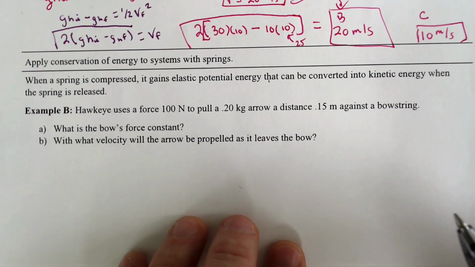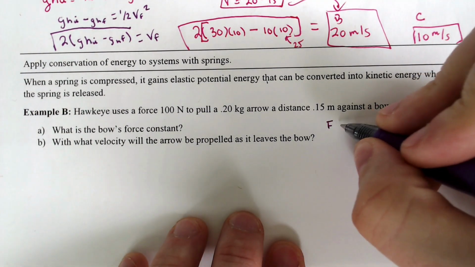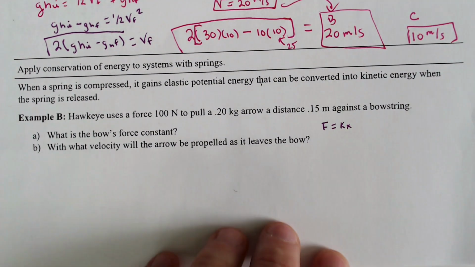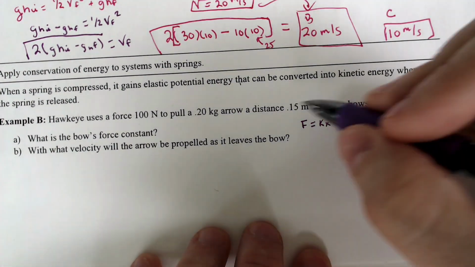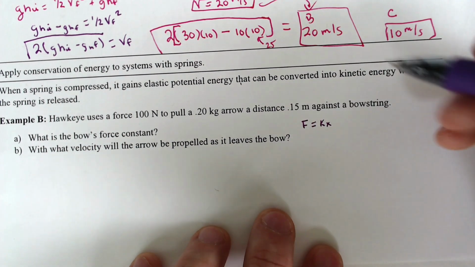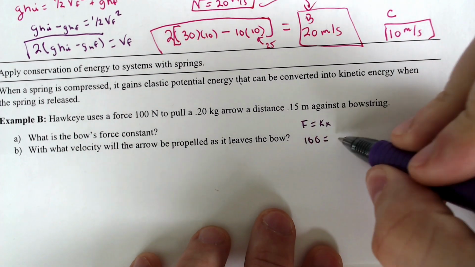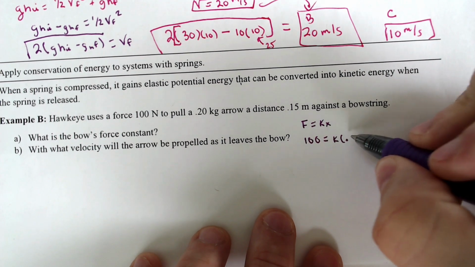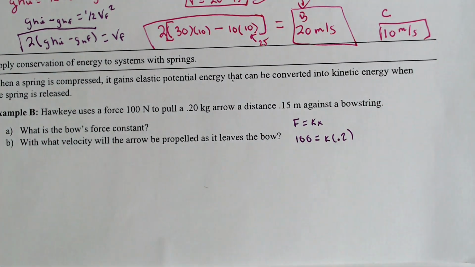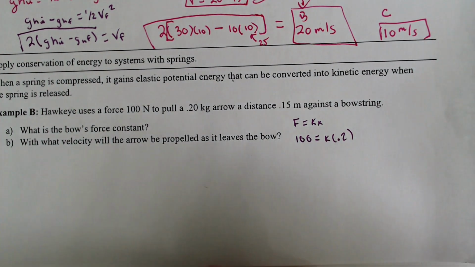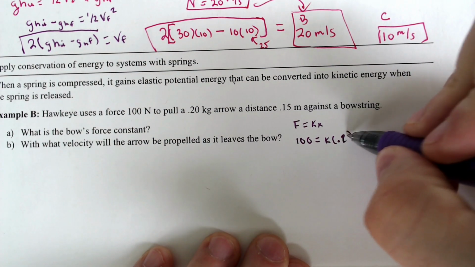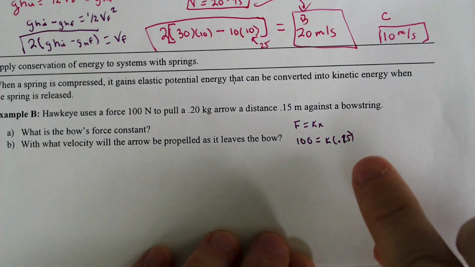So what is the spring constant essentially? The force is equal to kx. And if that's the case, if we know that Hawkeye had a force of 100 newtons and he pulled at a distance of 0.15, you could do 100 is equal to k times 0.15.